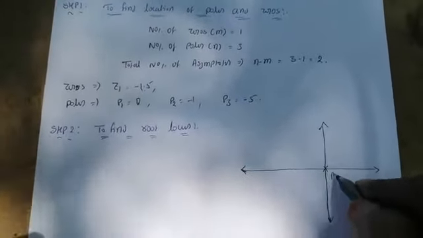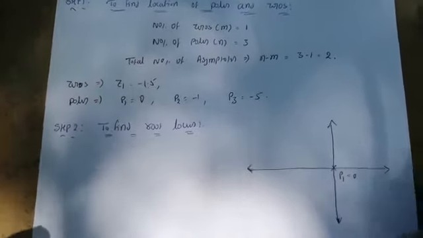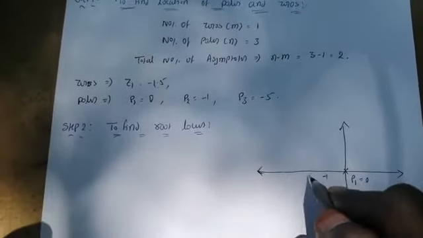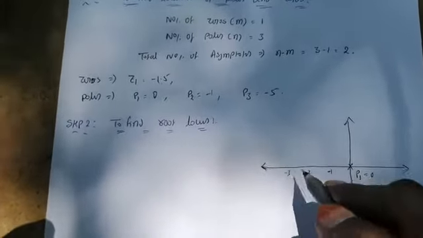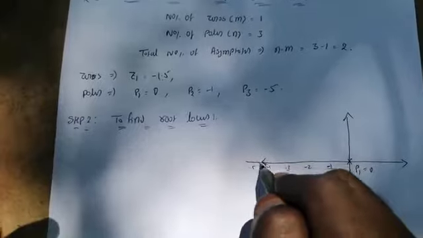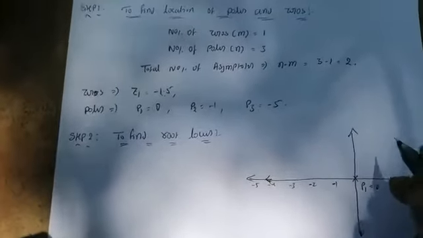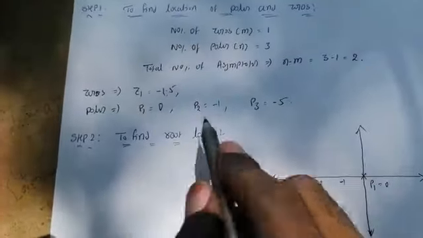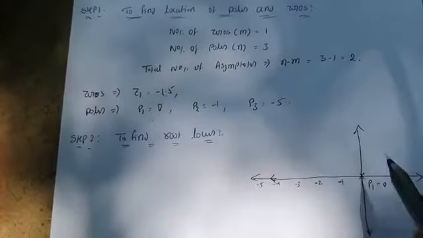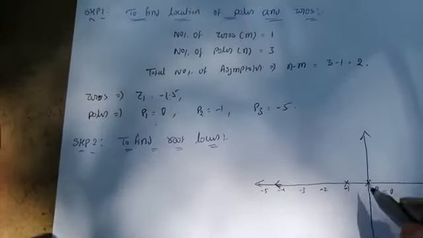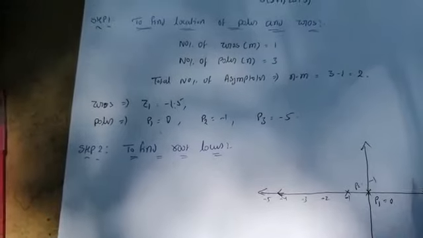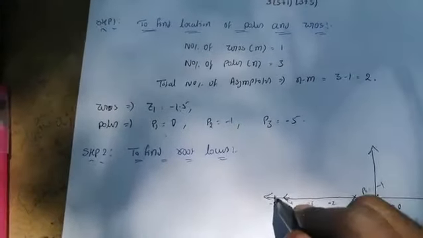The first pole is 0, situated at the origin. Then we have minus 1, minus 2, minus 3, minus 4 and minus 5 here. Pole 1 is at the origin, P2 is minus 1 and P3 is minus 5.